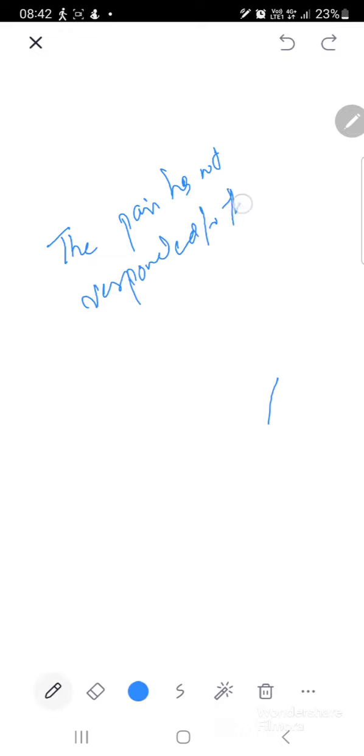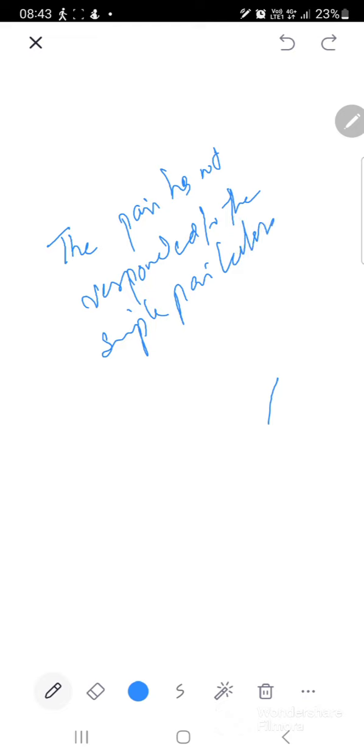Okay. Similarly, for the present perfect tense, as I mentioned, they started in the past, and we can write down the pain. The patient has not responded to, let's say, the simple painkiller.